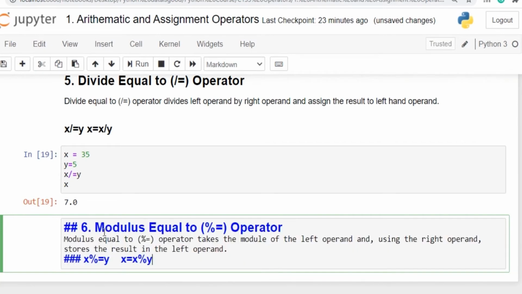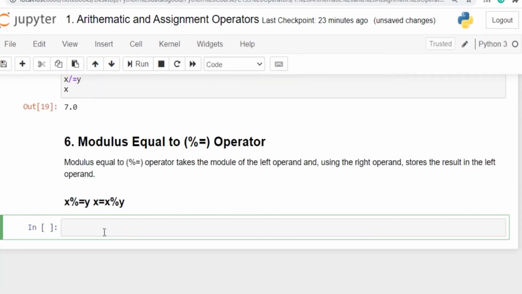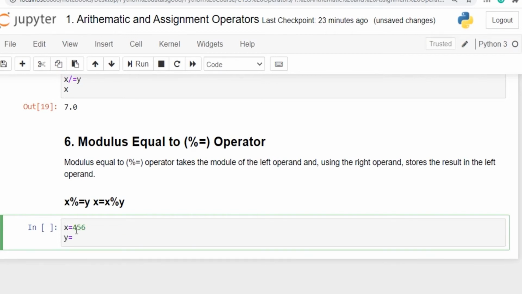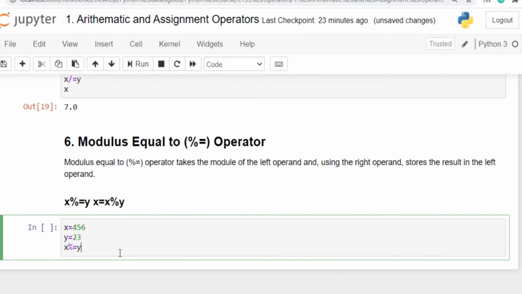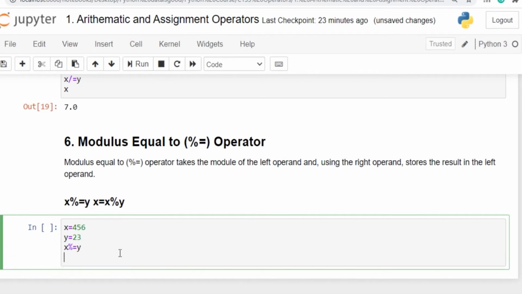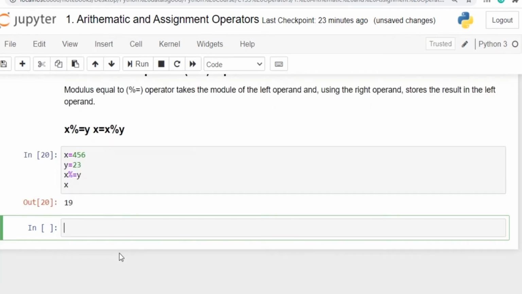Then we have the modulus equal to operator, which takes the modulus of the left operand using the right operand and stores the result in the left operand. For example, x modulus equal to y implies x is equal to x modulo y. X equal to 456, y equal to 23. X equal to 456 modulo 23 equal to 19.